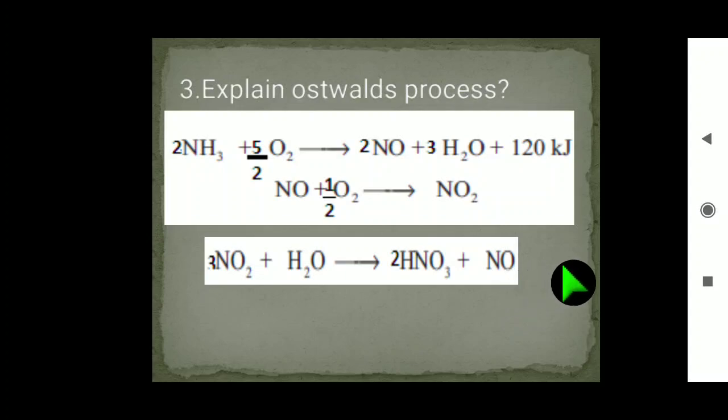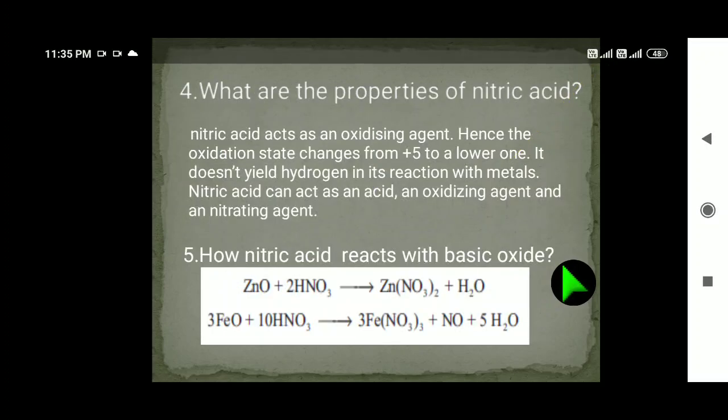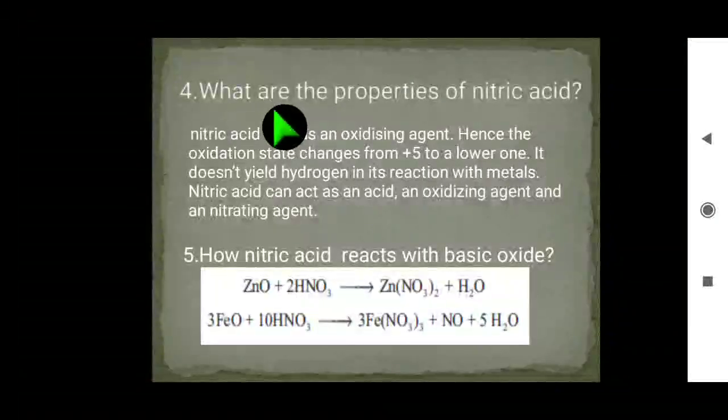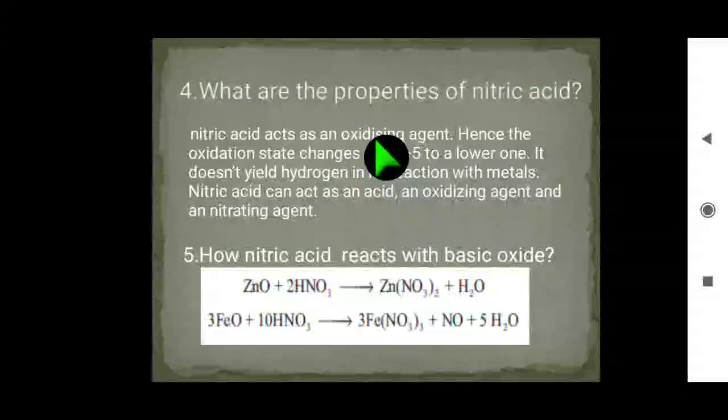Okay, now we move to the next question. What are the properties of nitric acid? Nitric acid acts as an oxidizing agent. Oxidizing agent means it oxidizes others but is reduced itself. Hence, the oxidation state changes from +5 to a lower one.